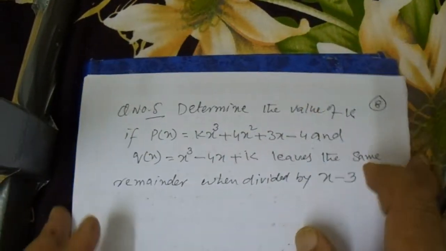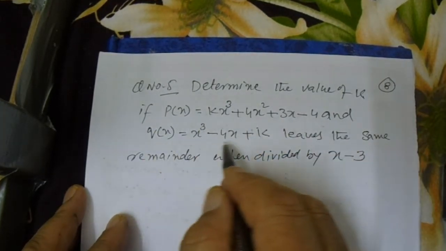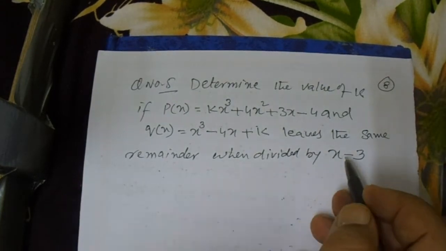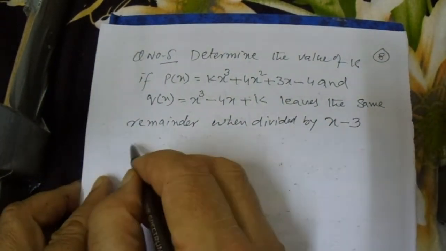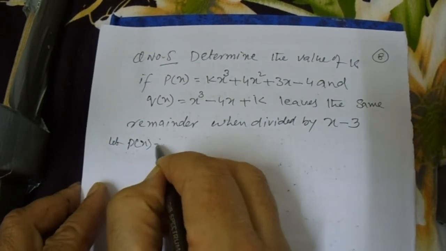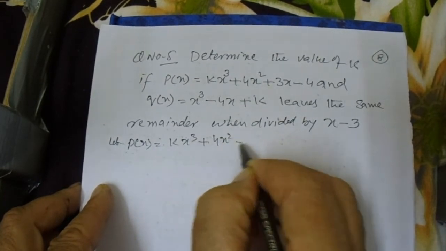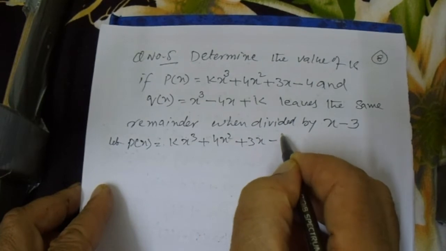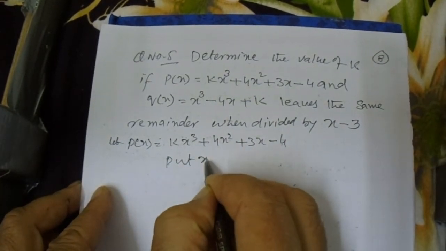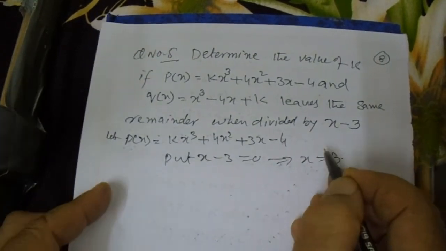Now this is question number 5. Determine the value of k if P(x) and Q(x) leave the same remainder when divided by x − 3. Let P(x) = kx³ + 4x² + 3x − 4. Put x − 3 = 0, x = 3.